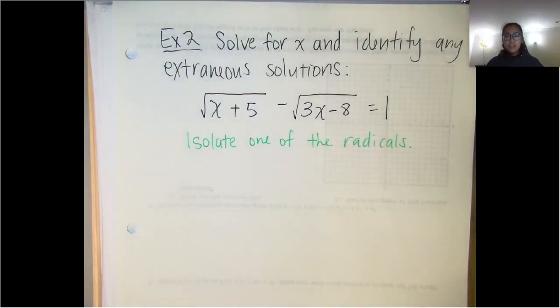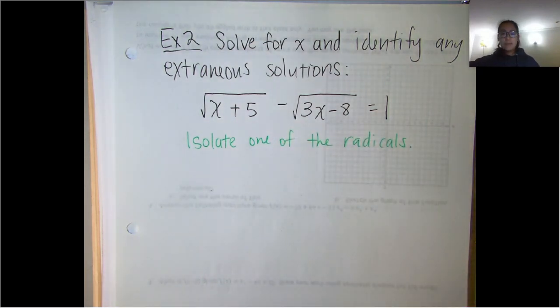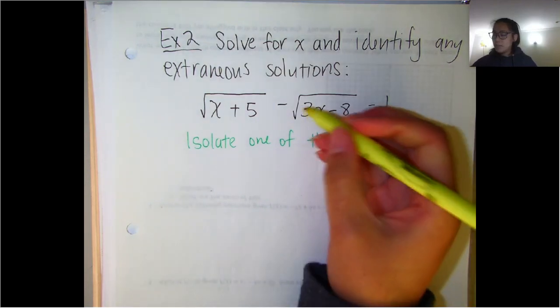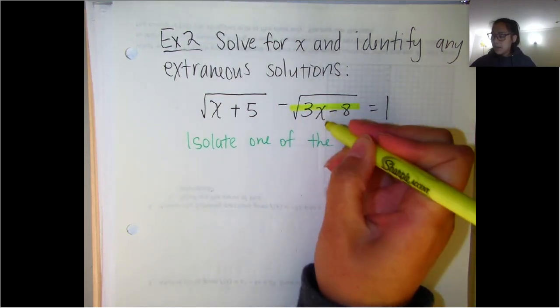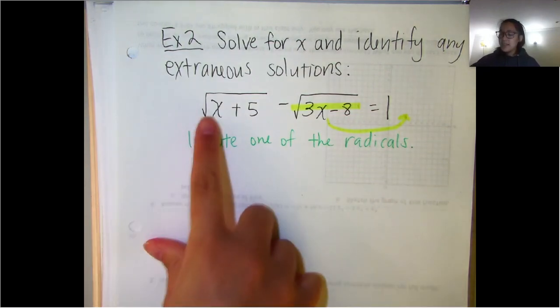And I personally don't like having extra minus signs rolling around. And so I generally take whatever is being subtracted and I add it to the other side. So I'm going to take this entire radical and add it to the other side so that we can isolate this radical.